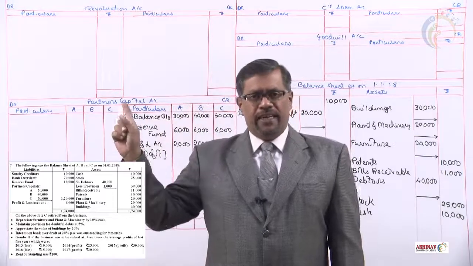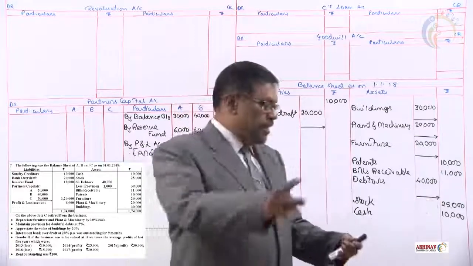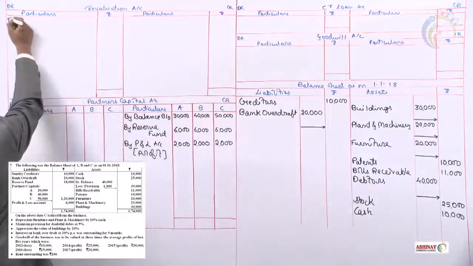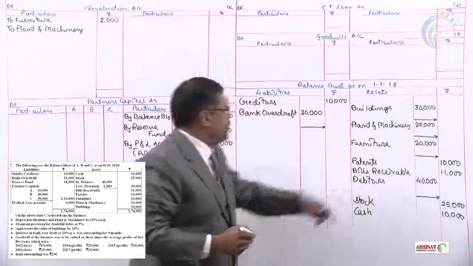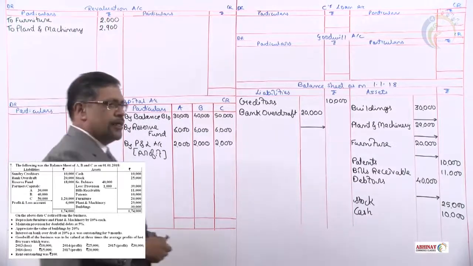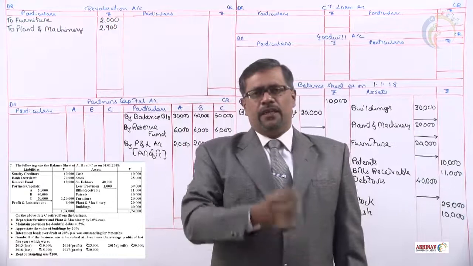Revaluation account debit side, then we will minus it from the respective assets. Depreciation is 10%. 10% of plant and machinery 29,000, 10%, 2,900. Immediately, we will adjust that in the balance sheet.